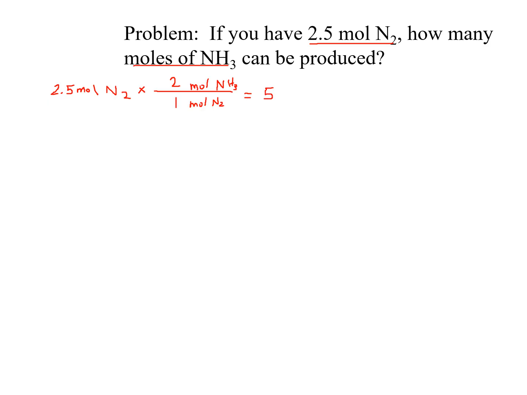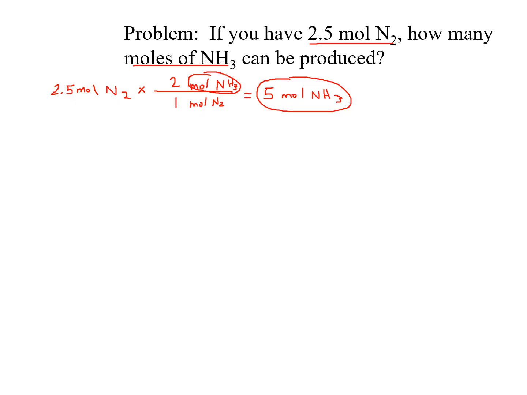And I have to put my units with it. So my units would be right here, because that's the part that didn't cancel. That's the part I'm looking for. So moles of NH3. And then I circle my final answer, because I always try to make sure that I can tell where the final answer was.